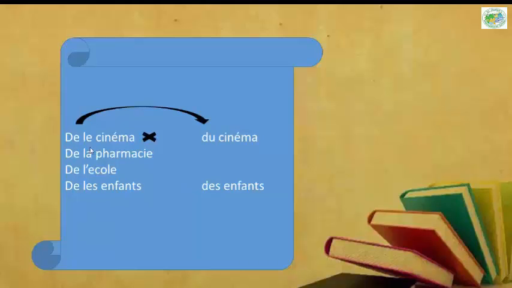So, de le cinéma, c'est faux, it will be du cinéma. And also, de les enfants, we don't write it that way, we used to write des enfants, okay? Let's move on.